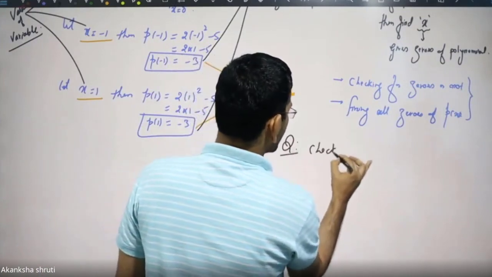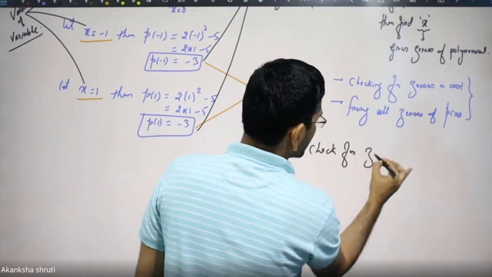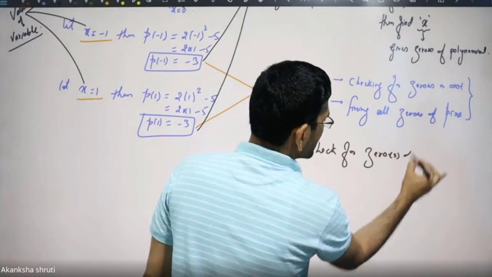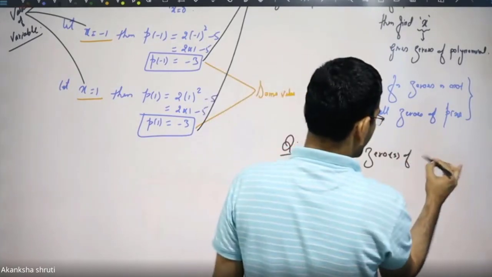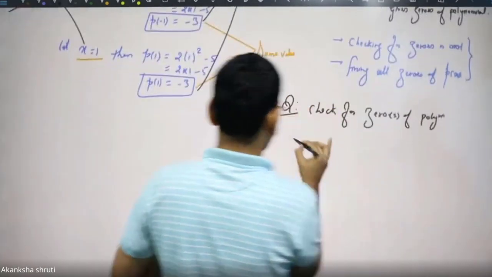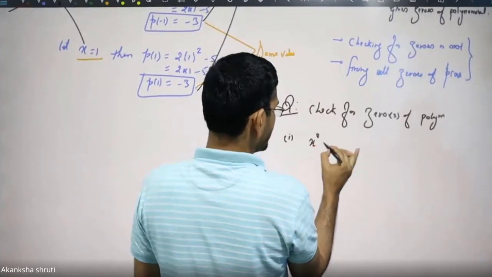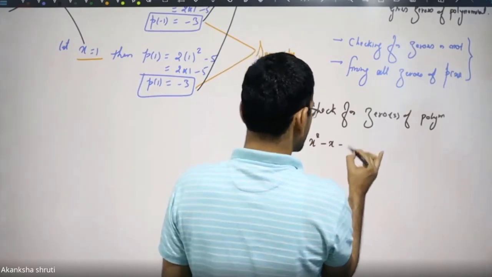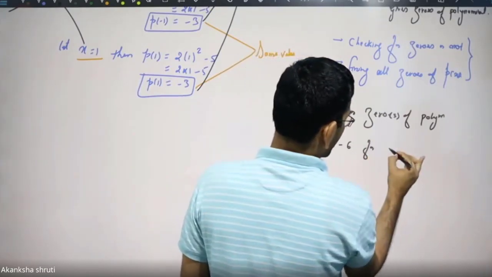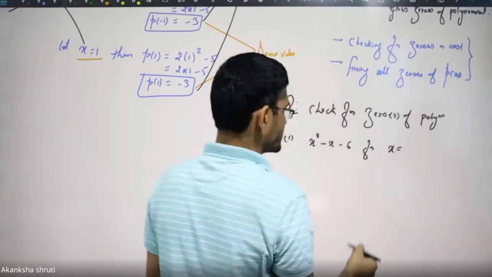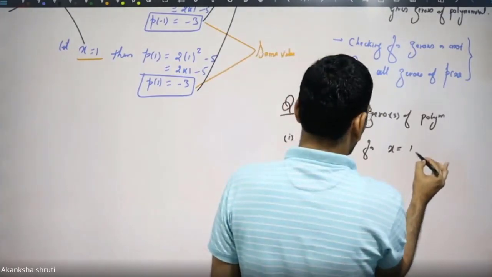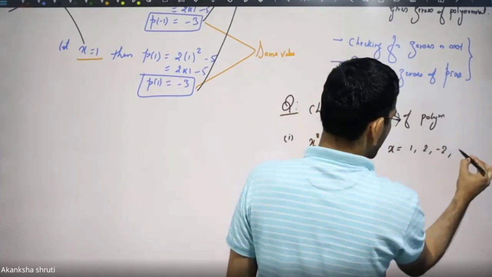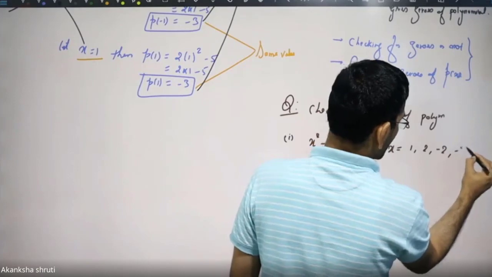Check for zero or zeros of polynomial. The first one is x square minus x minus 6, for x equal to 1, 2, minus 2, 3, minus 3.